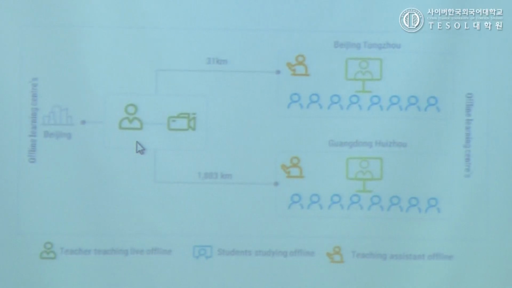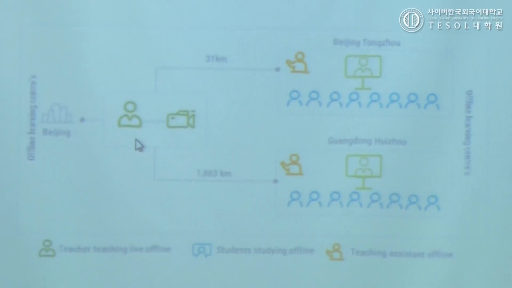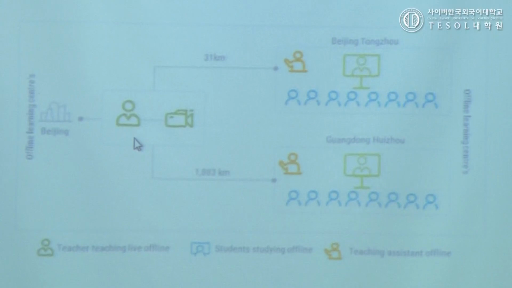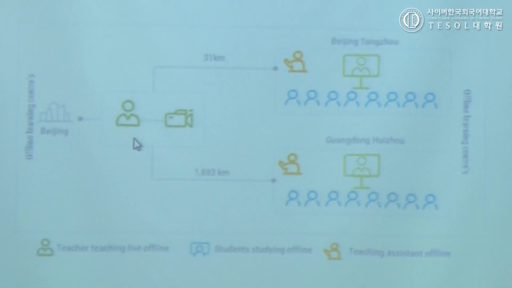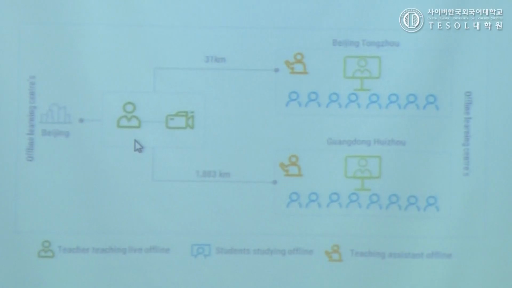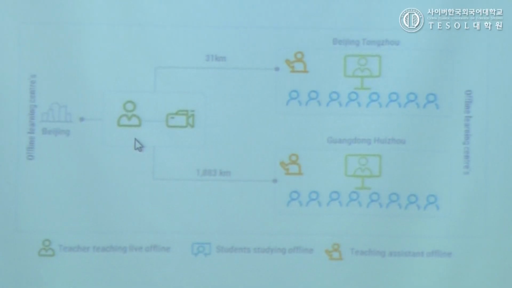Right? So earlier in our conversation, we talked about scale. We have so many students who need help, right? So many students. So how do we personalize that instruction if we have so many students? So here is one way to do that. One teacher is teaching live, remote, and then students in different physical locations will see that teacher.